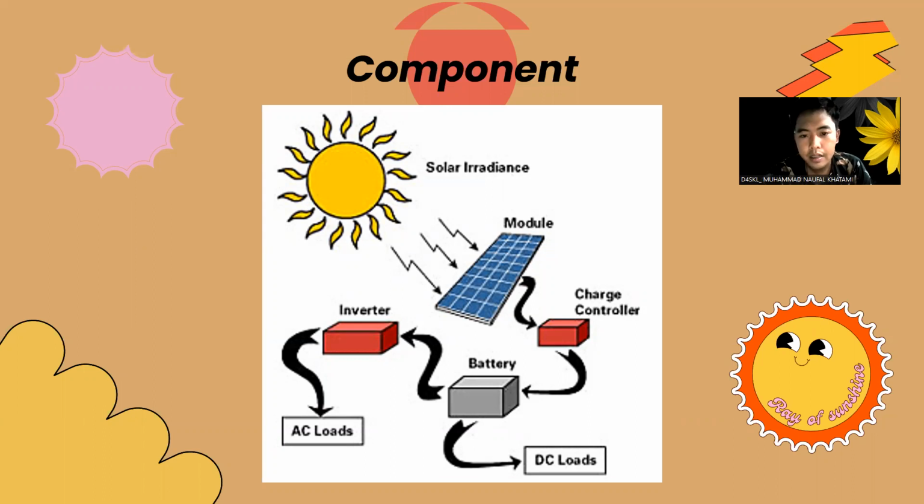The solar cell system consists of solar cell panels, a battery charger controller circuit, and a 12-volt battery which is maintenance free. Solar cell panels are modules consisting of several solar cells which are combined in series and parallel depending on the size and capacity required.